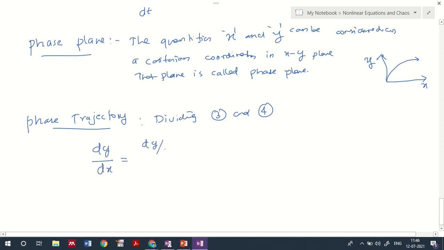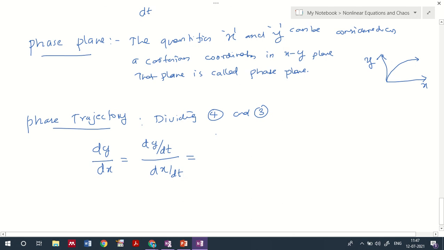That is dy by dt divided by dx by dt. So we will have dy by dx equal to dy by dt over dx by dt, which is equal to what? That is what we are going to get.